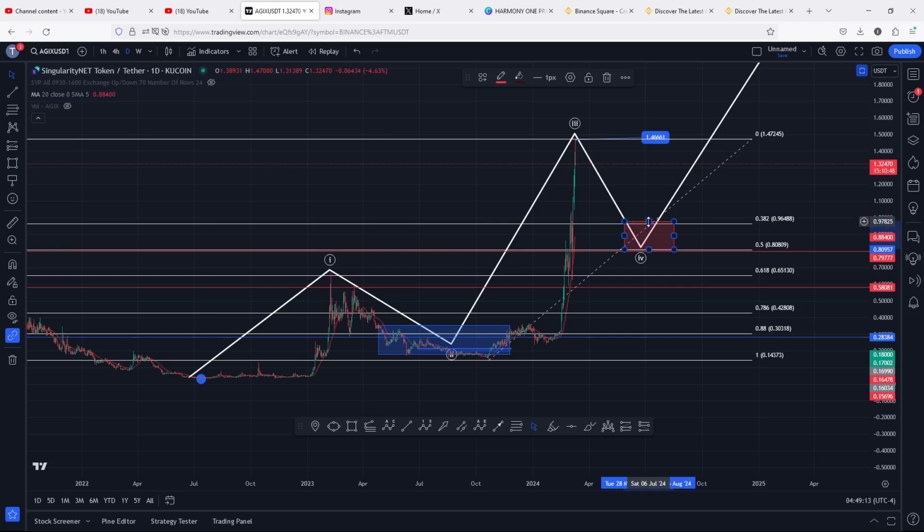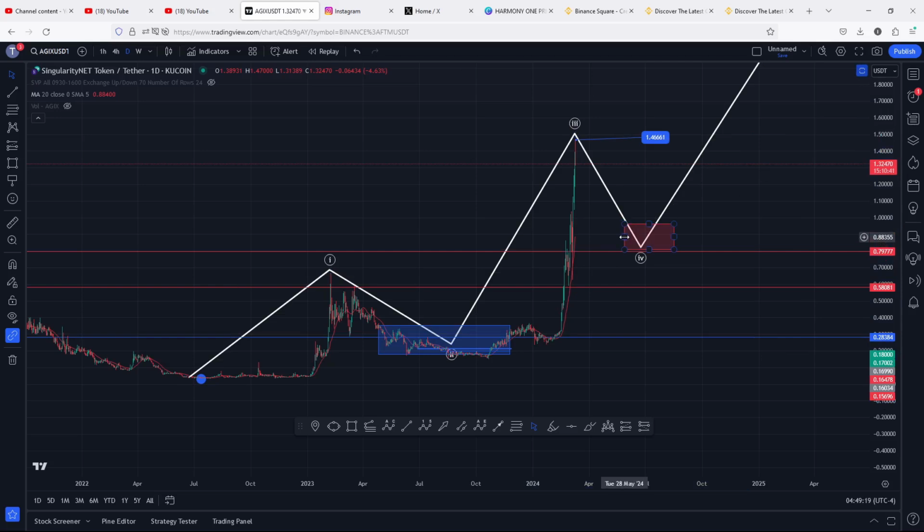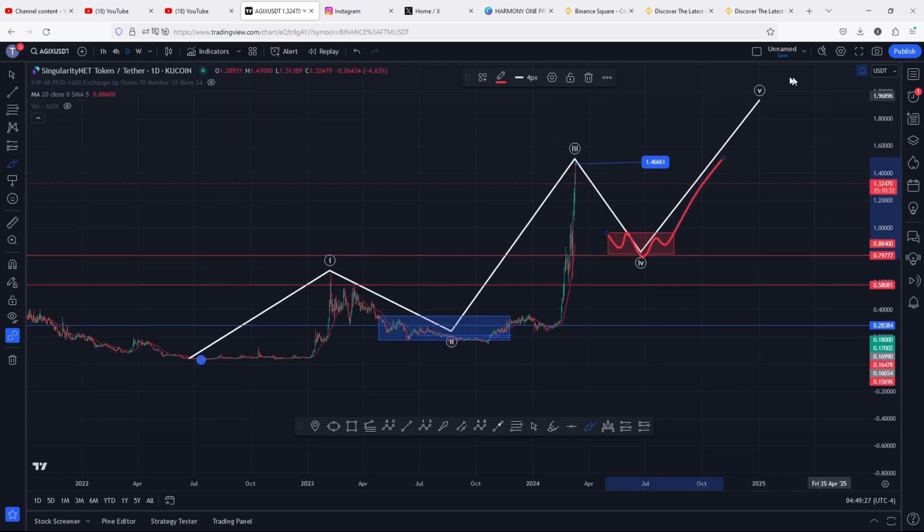This is the area that I have highlighted here on the chart, and this is the area within which we can expect to see a pullback into, get a low in place, see much of a consolidation before we can see another breakout to the upside, giving us a high in the formation of this wave 5.